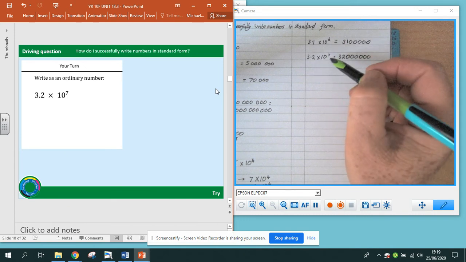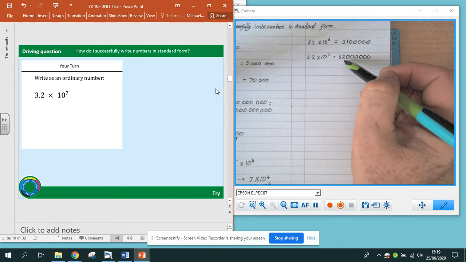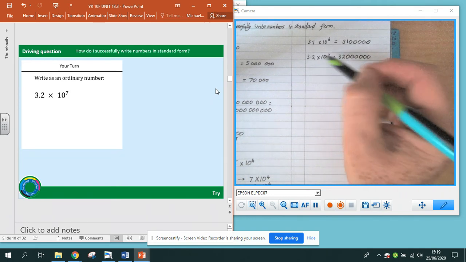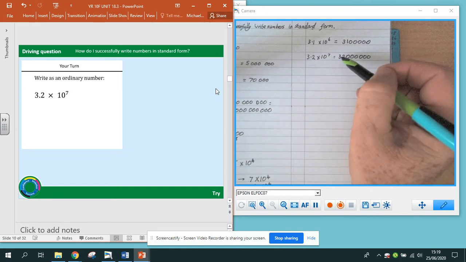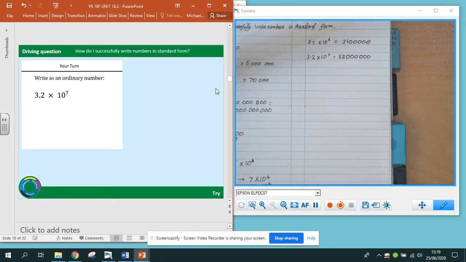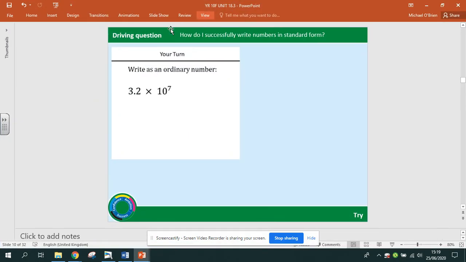So 3.2 times 10 to the 7th gives me 32 million. 10 to the 7th is 10 million. 3.2 times 10 million is 32 million. Okay, if you need to write down a correction, pause the lesson and do so. Otherwise, we shall carry on.